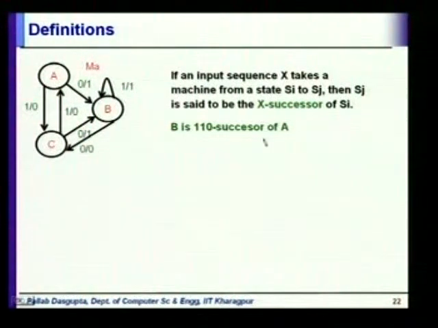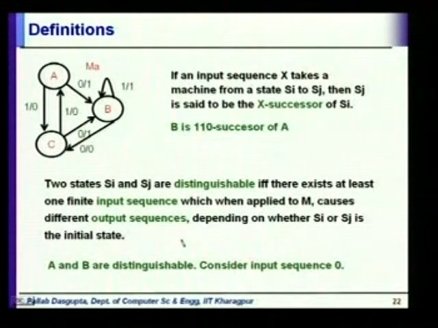So, B is a 110 successor of A. In our previous notation, what this means is that delta star of A, 110 is B. It's also B is also a 11110 successor of A. In fact, it's also a 1110 successor of A.